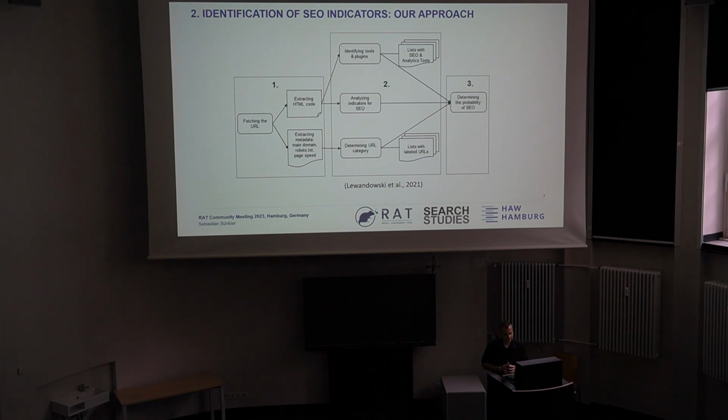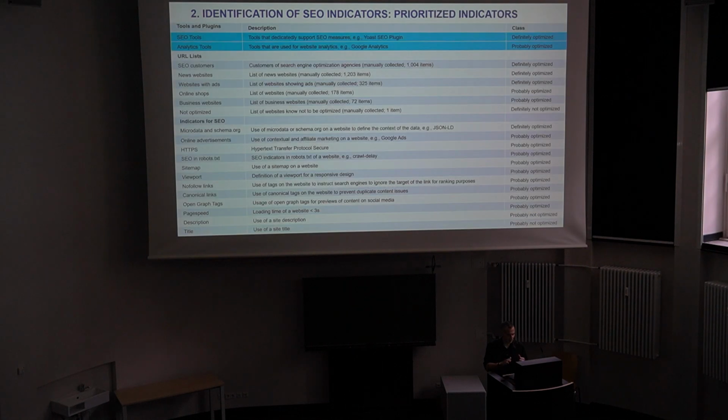And in the last step, we determine the probability of search engine optimization using these indicators and doing some calculations based on them. And here you see a table with some of our SEO indicators. Here are what I said before: tools and plugins, SEO tools, analytics tools, and also the URL lists we use to match the URL with the URLs from this list.